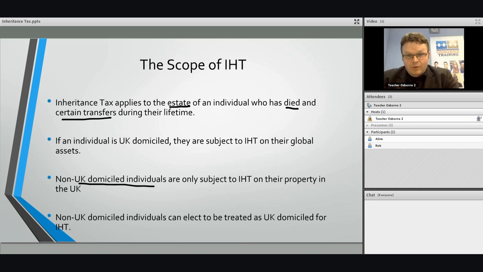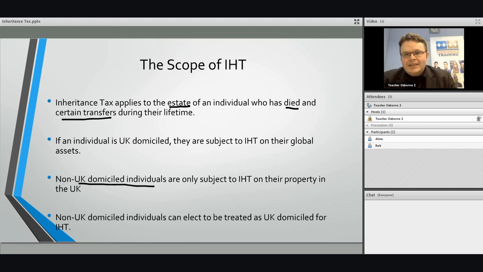Also, a very important thing is that non-UK domiciled people can elect to be treated as UK domiciled. There are quite a few benefits that we'll look at in a few minutes, because you get what are known as exempt transfers, for example, to your spouse. That's why some people elect to do that.